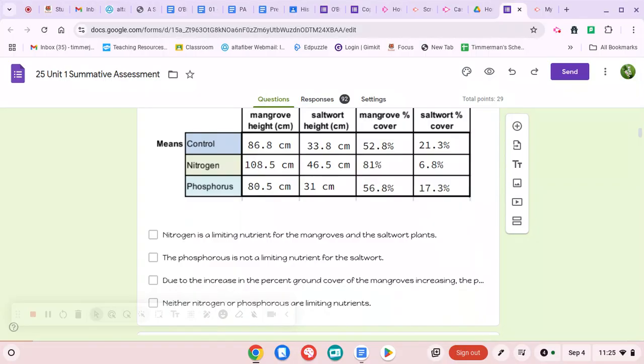Due to the increase in the percent ground cover of the mangroves, the percent ground cover for the saltwort had to decrease. Neither nitrogen or phosphorus are limiting nutrients. This is a 3-point question, so make sure that you pick 3 answers.